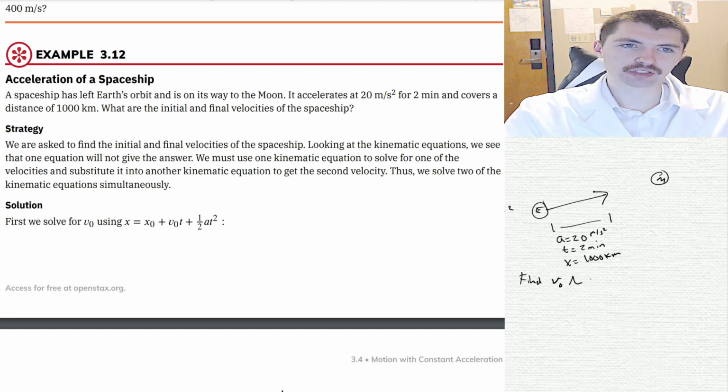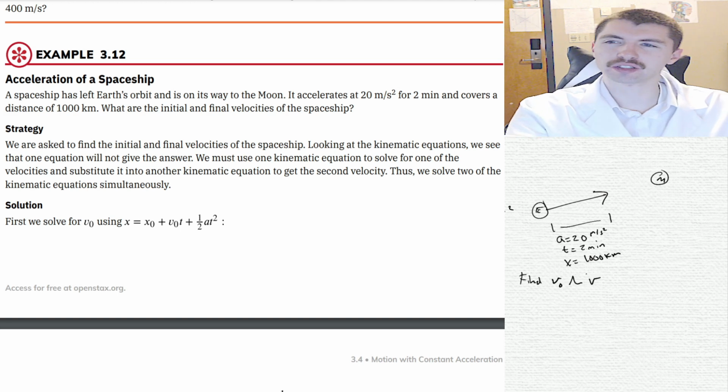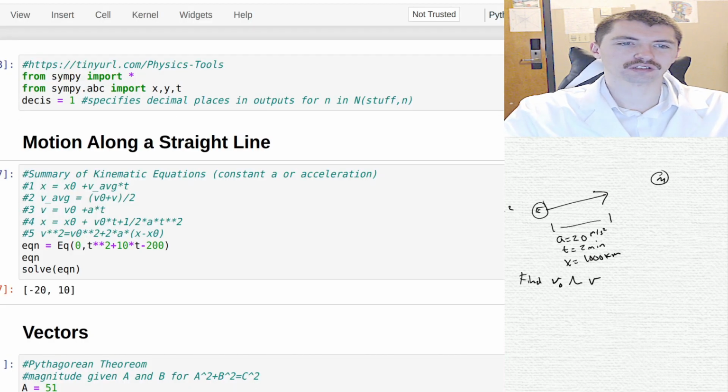Find V naught and V. So I think the convention is just don't write VF is what I'm gathering. So we know A.